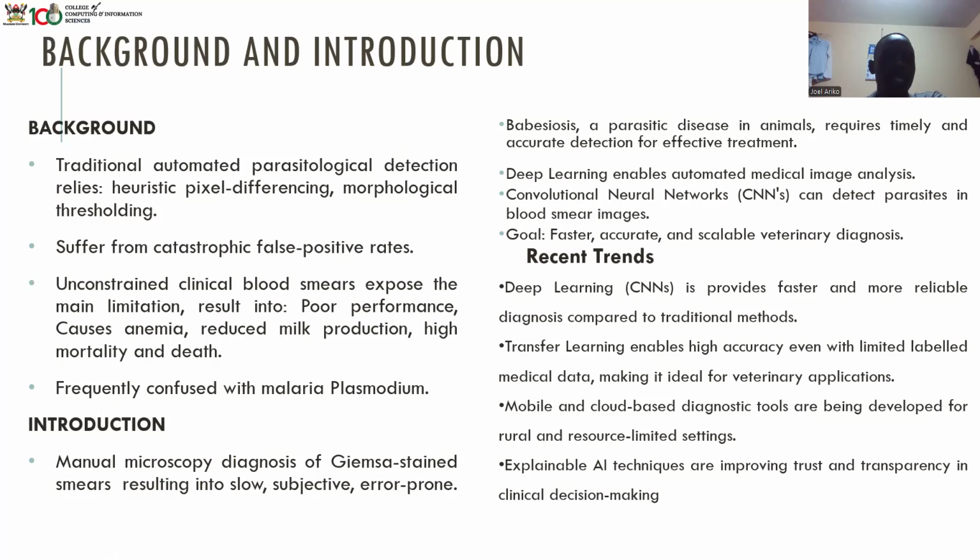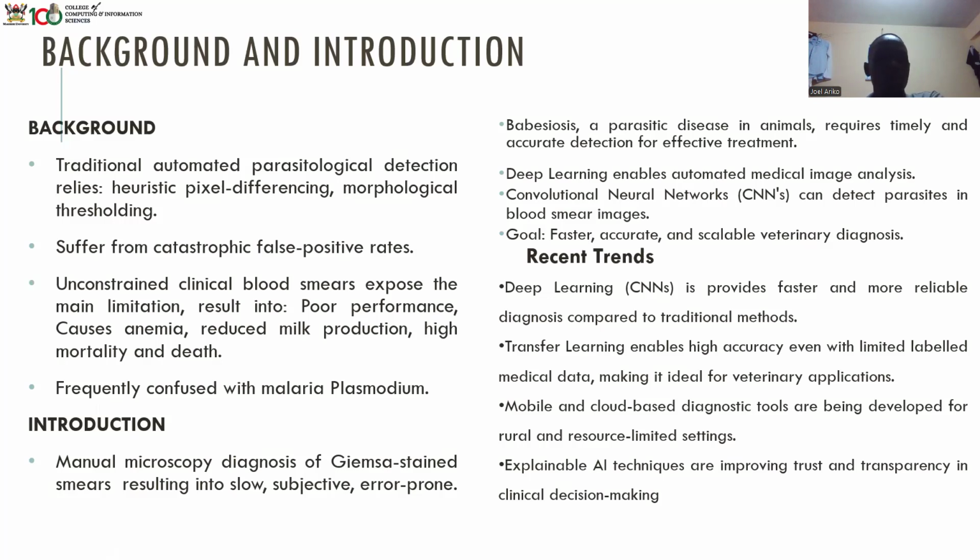Initially, the traditional automated parasitological detection relies on morphological thresholding and heuristic pixel differencing, and this suffers from catastrophic false positives due to unconcentrated clinical blood smears, which exposes the main limitation.